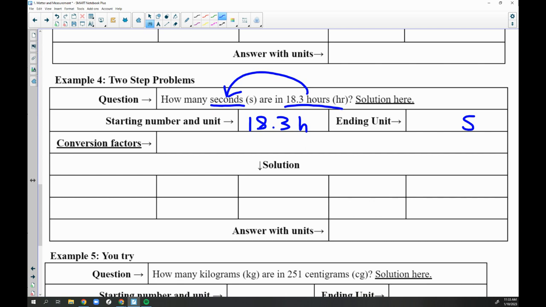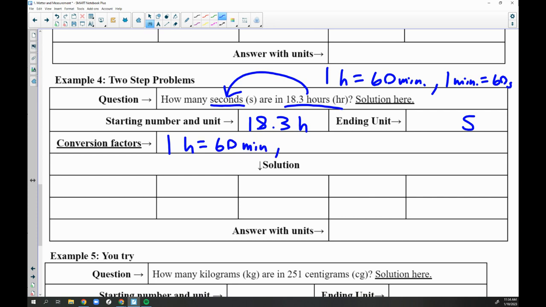So when we look on page 44, all we know is that 1 hour equals 60 minutes and 1 minute equals 60 seconds. So we're going to have to do this as a 2-step conversion. We're going to need those 2 conversion factors that I just wrote down. First of all, 1 hour equals 60 minutes.